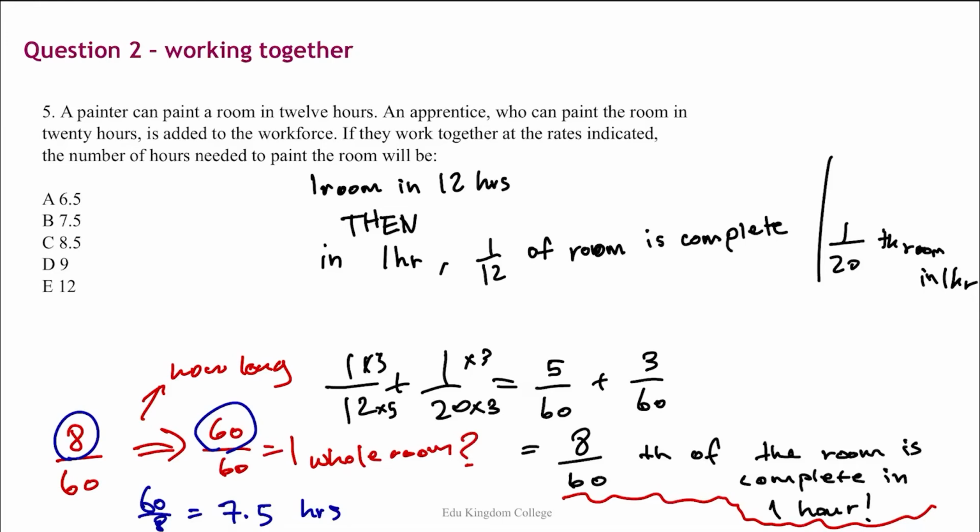Otherwise, we couldn't. We add those two to get 8/60. If both of them do 8/60th of the room in 1 hour, then we try to find out how long till 60 over 60, or one whole room, is done. Well, how many times does 8 go into 60? 7.5 times. So it must take 7.5 hours to do the painting job, which is option B.